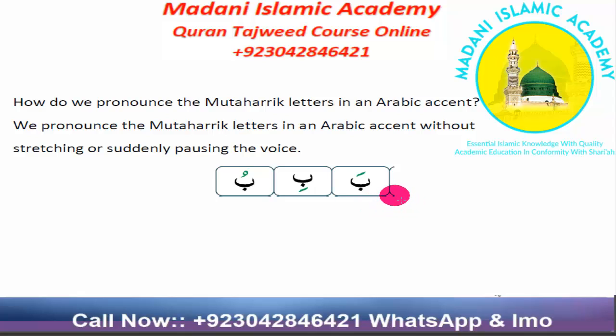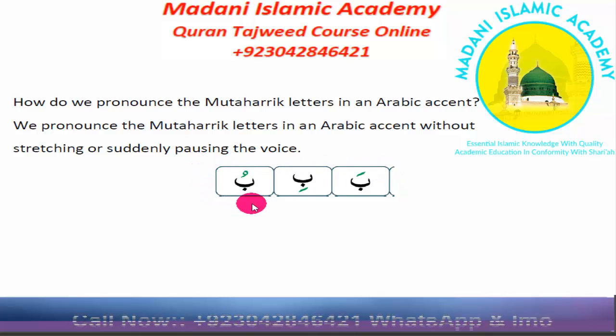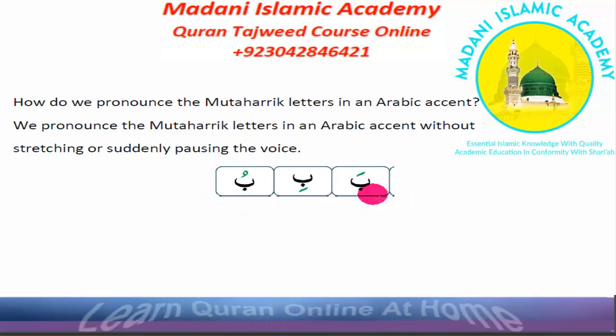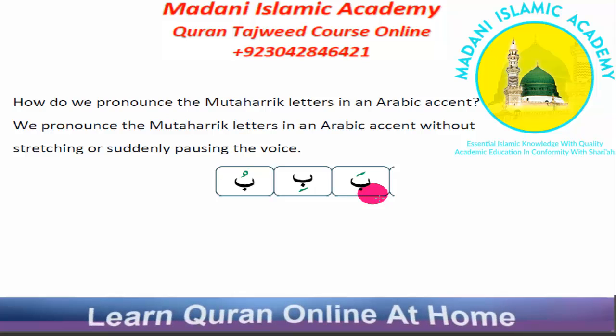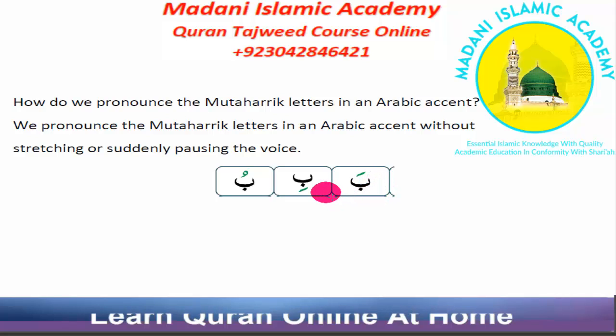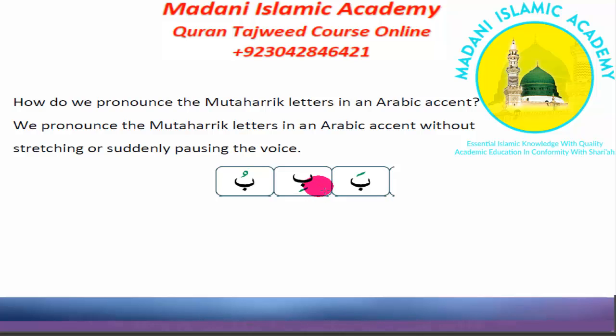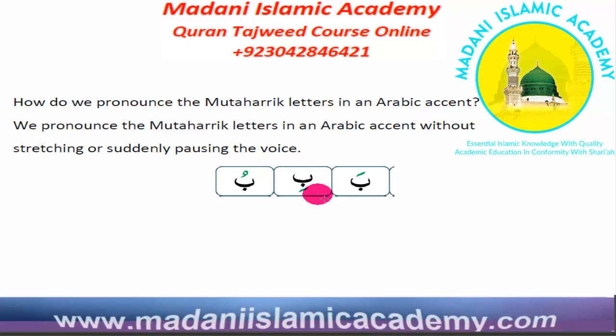How do we pronounce the mutaharrik letters? Let's learn. These are the examples of mutaharrik letters. This is letter Ba. It has harkat on it. This is mutaharrik letter. Here Ba has Zair below it.